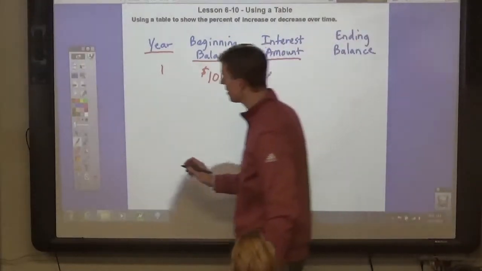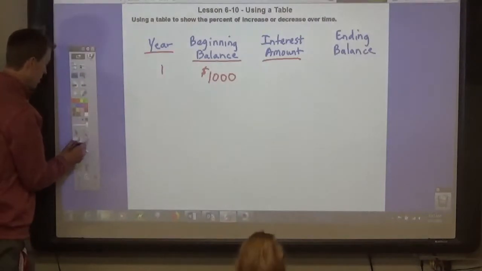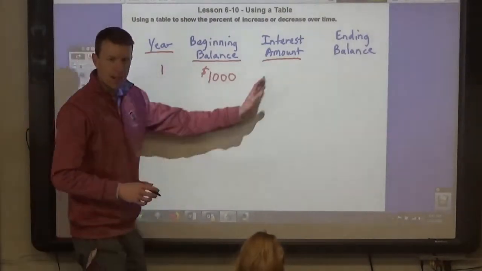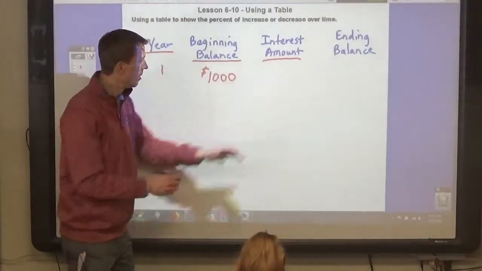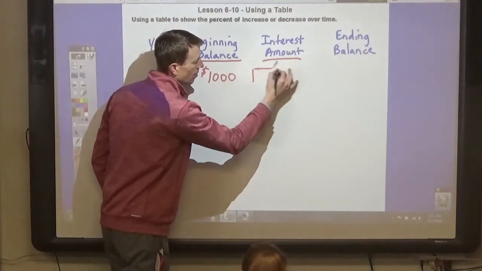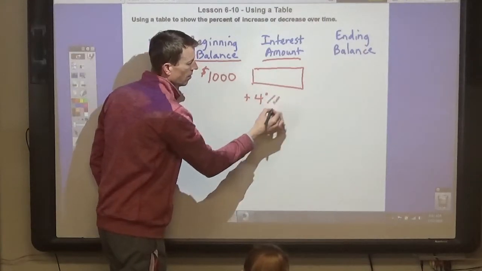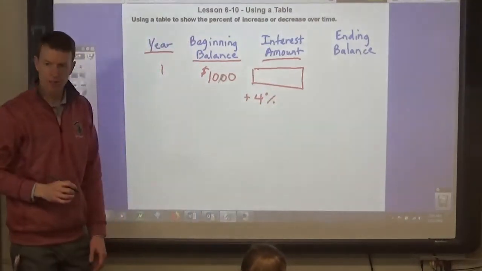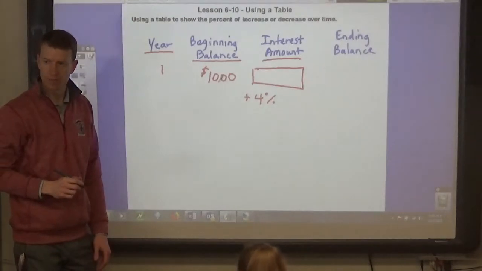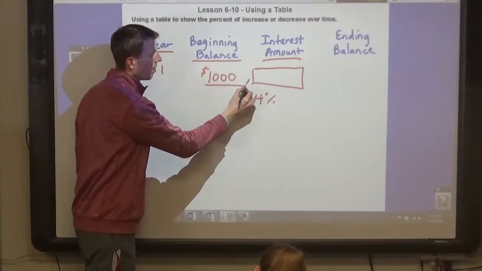Now, when we did this in our last lesson, this is kind of like finding the markup. Because what we're doing is we're adding an amount that is 4% of the original amount. Right? So, this is 100%.